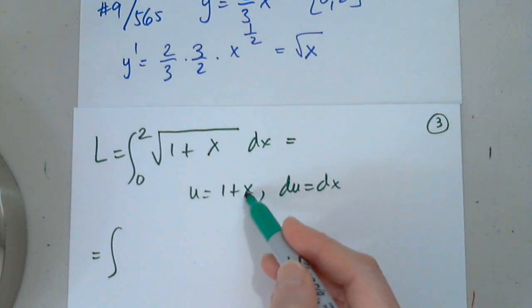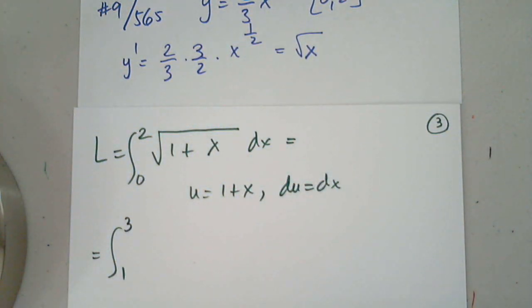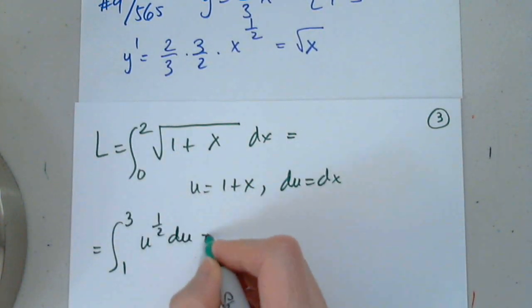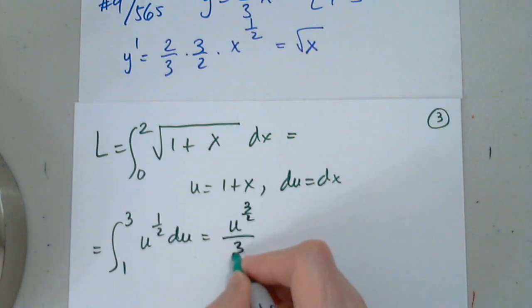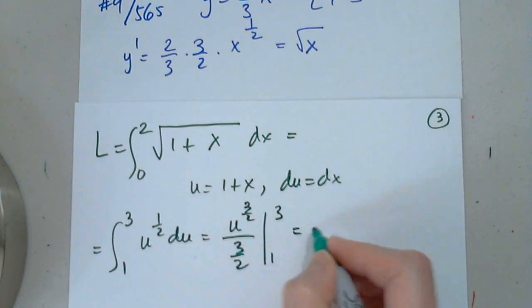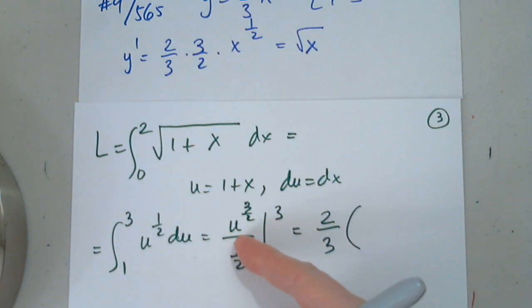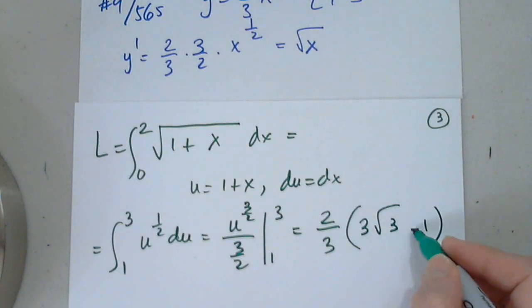When x is 0, u is 1. When x is 2, u is 3. And we have the integral of u to the 1/2 du, which is u to the 3/2 over 3/2 from 1 to 3. So here's 2/3. We plug in 3, which turns out to be 3 square root of 3, minus 1.